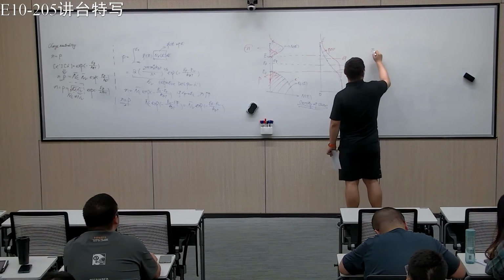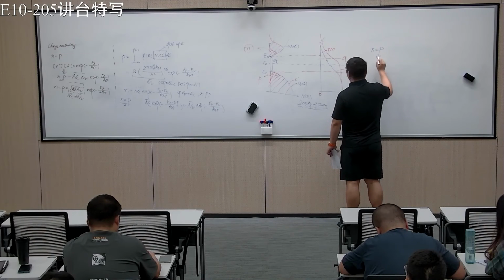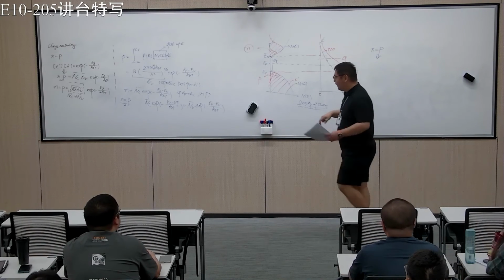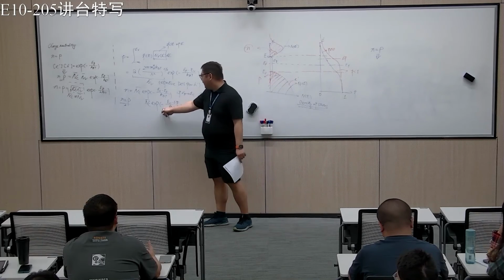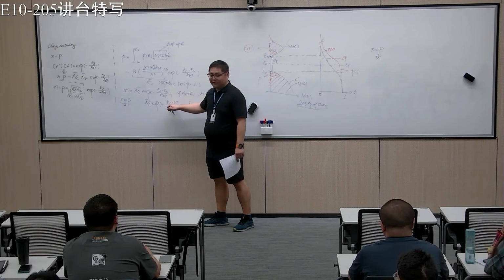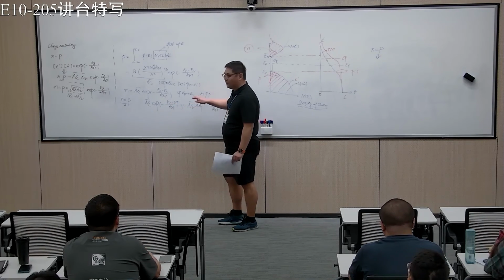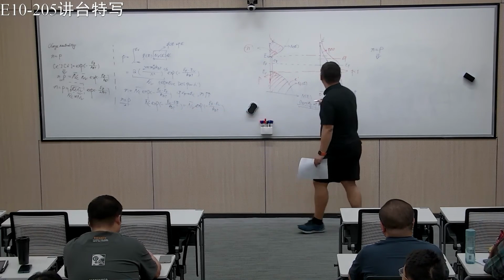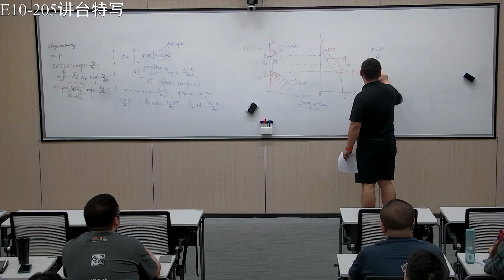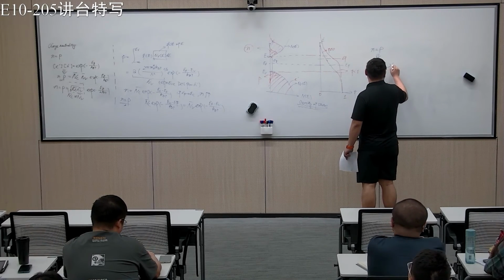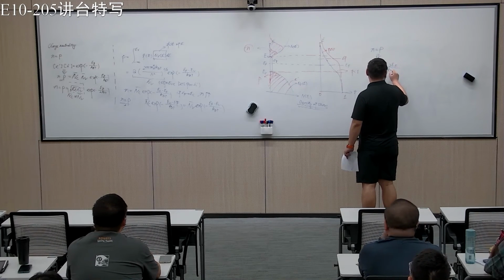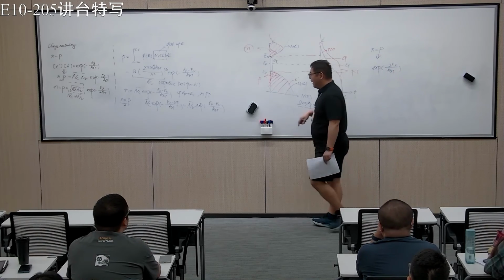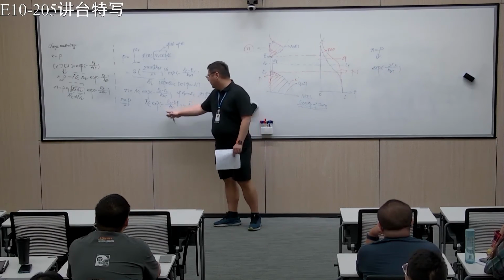So from the charge neutrality, let's see. It's negative, negative. So this is actually positive, right? So what I'm going to do is I move the E_F to that side: exponential 2E_F over k_B T. Then I move this E_C to this part.